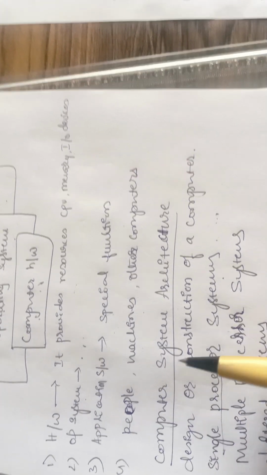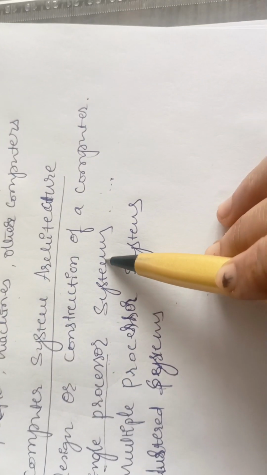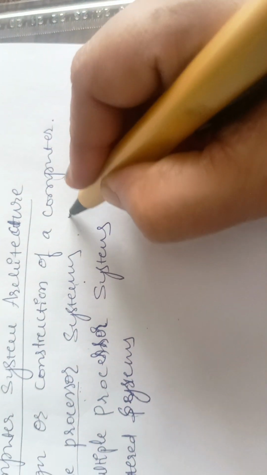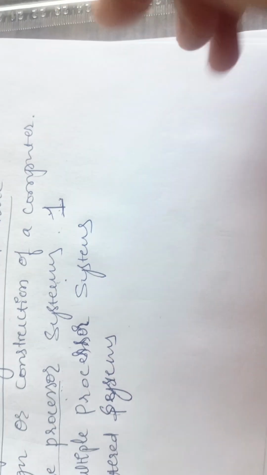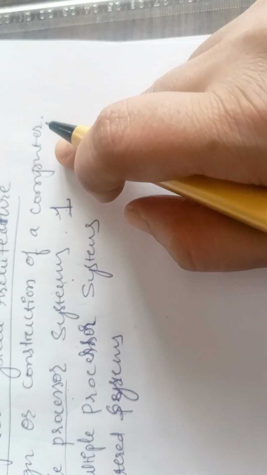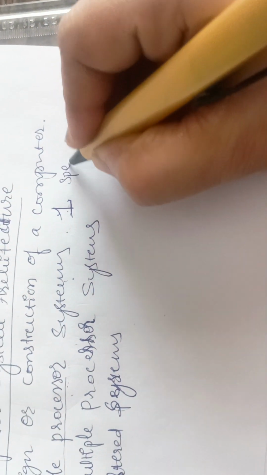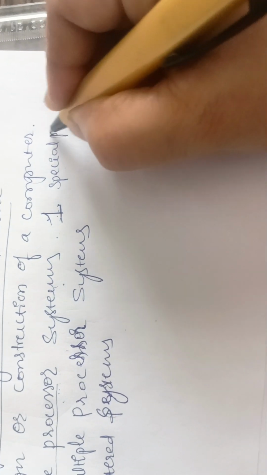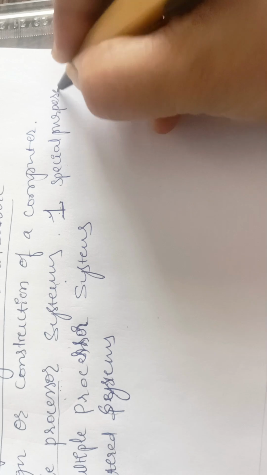Among these components of a system, the data will be moved rapidly. In the single processor system, only one processor will be there, and with this, a special purpose processor will also be there.